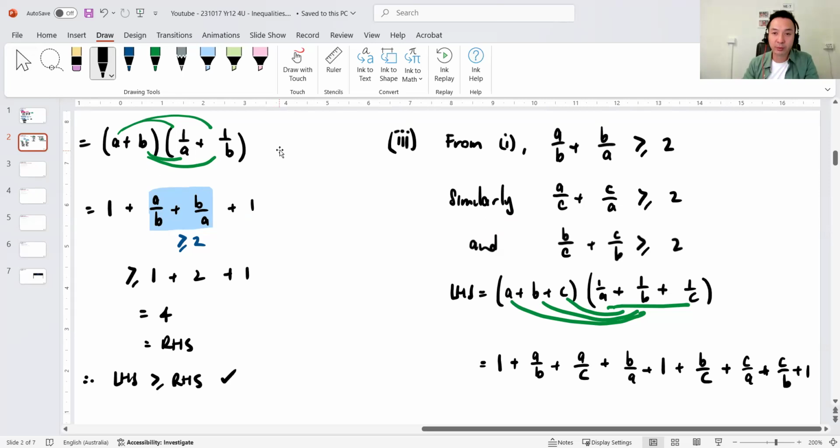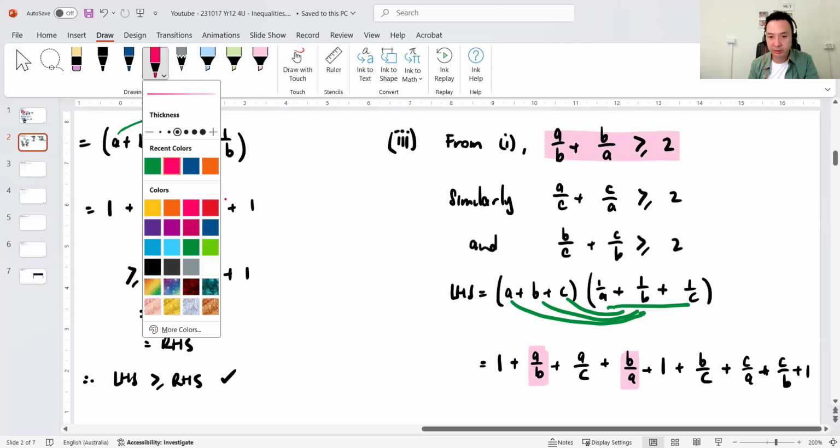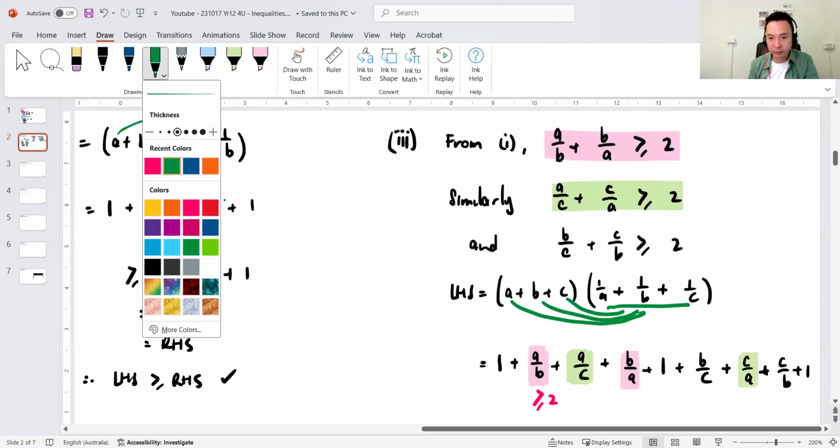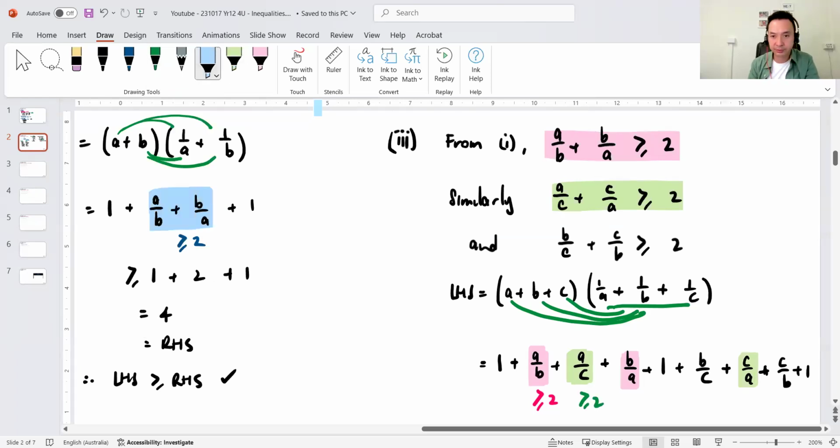Now we pair them up. We basically go A on B, B on A. That's the first couple, and they're bigger than or equal to 2. Second couple, A on C, C on A. They are bigger than or equal to 2. Third couple, B on C, C on B. That's this guy and this guy.